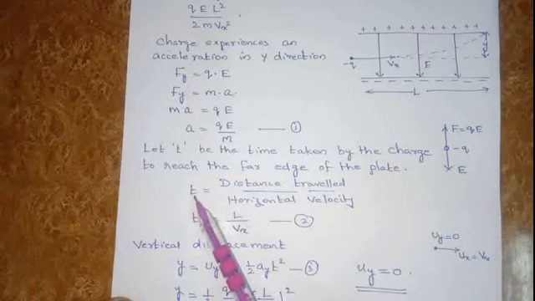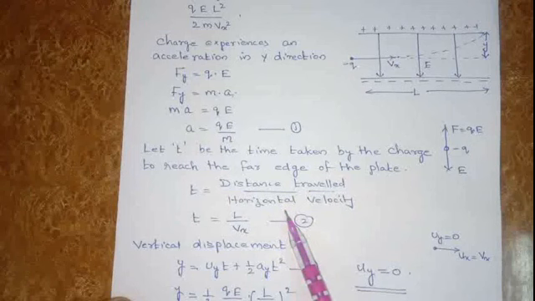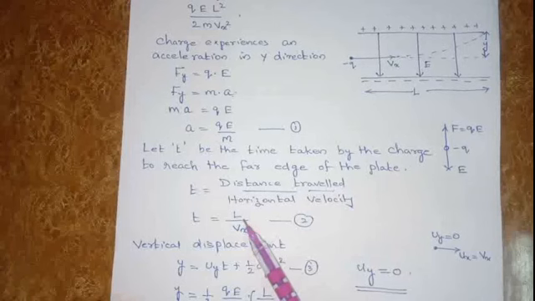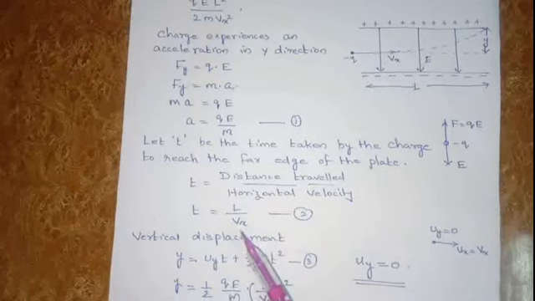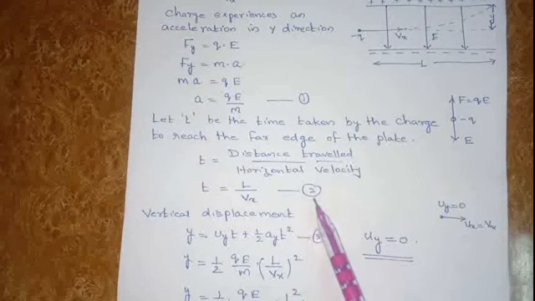We can use the equation time taken is equal to distance traveled divided by horizontal velocity. There is no initial vertical velocity, all the velocity initially is horizontal only. Therefore, time taken by the charged particle is equal to L divided by Vx, where L is the length of the plate and Vx is the horizontal velocity. Put as equation number 2.